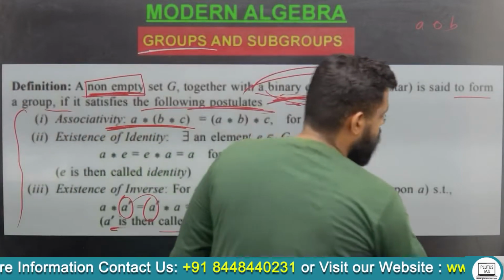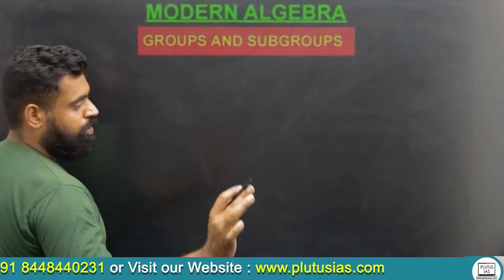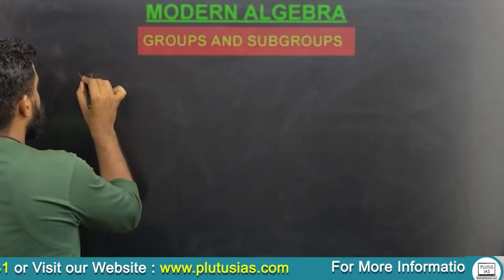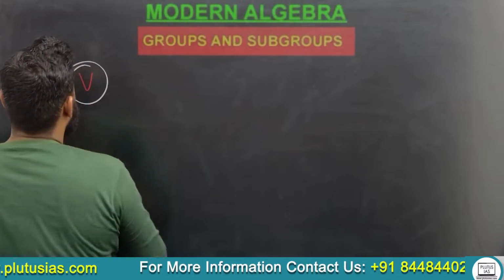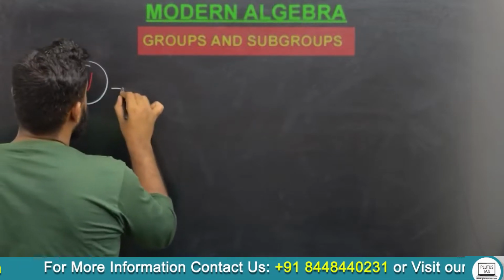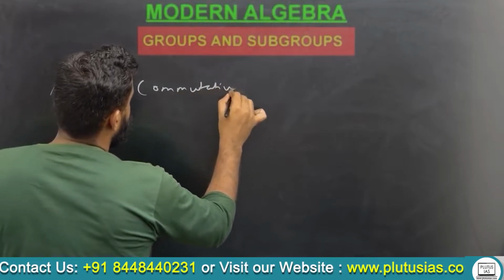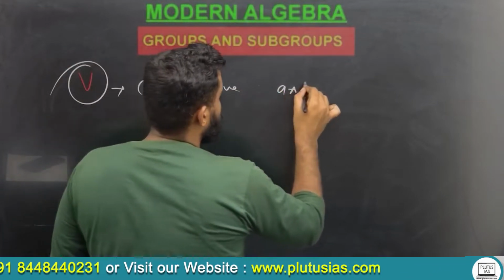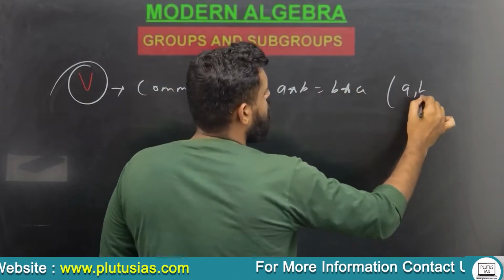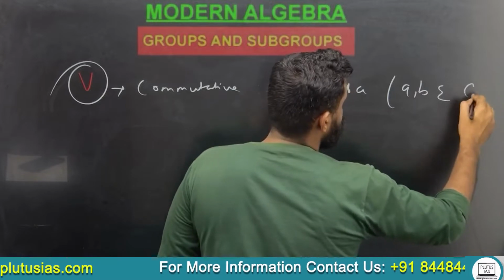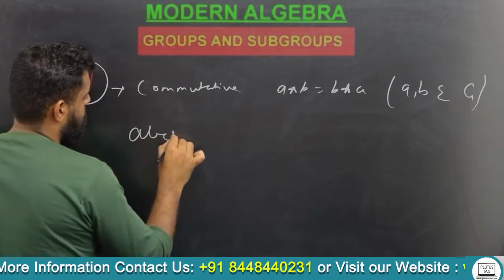And if it satisfies another property, that is commutativity, that is A operation B is equal to B operation A for every A, B belonging to G, then we call this group an abelian group.